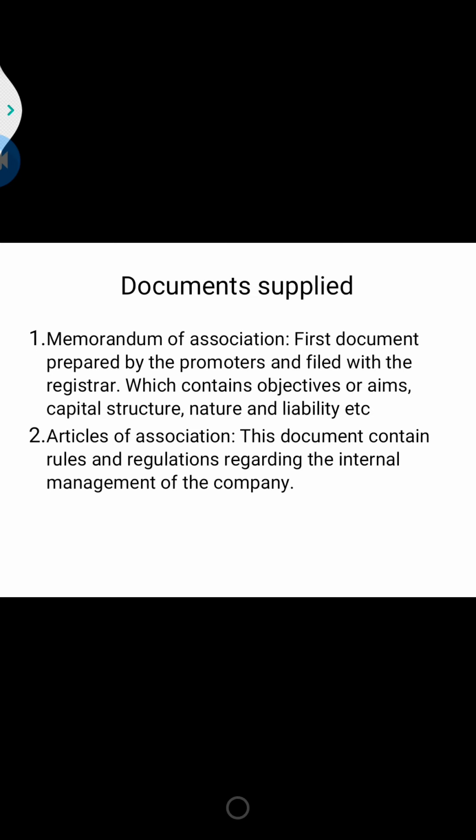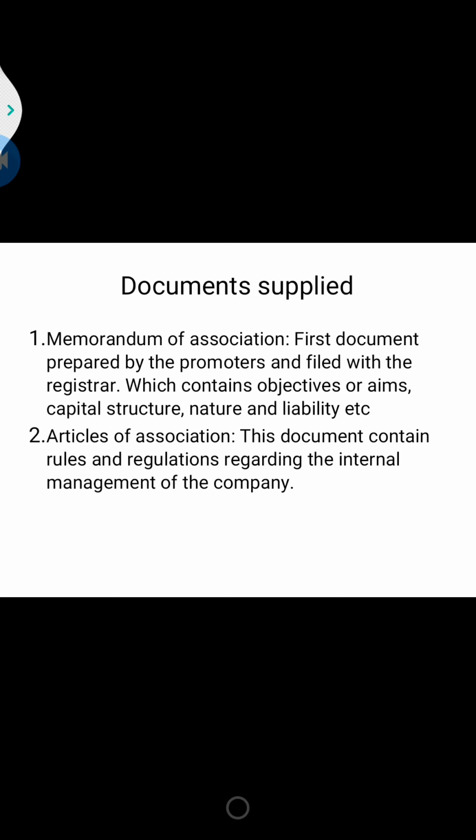At the time of getting your company registered, you have to give some documents, right? So what type of documents are you going to give? The first is your memorandum of association. The memorandum of association is the first document of a company, prepared by the promoters.